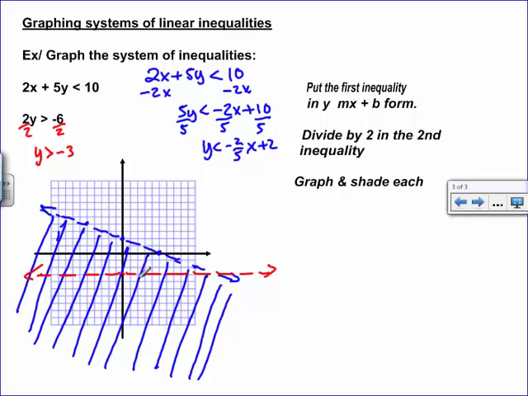Greater than, you're going to shade up above. And as you see, the area where the lines crisscross, this wedge right here is the solution area. And that's all there is to doing systems of inequalities.